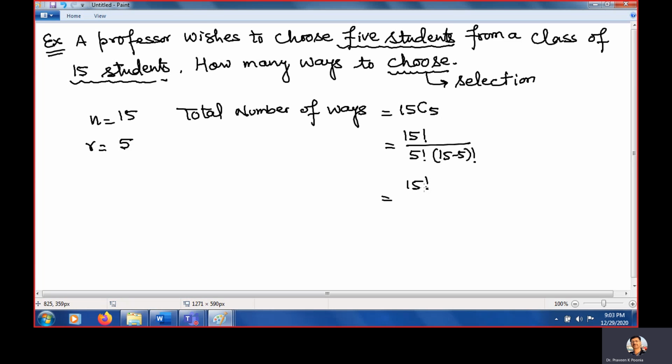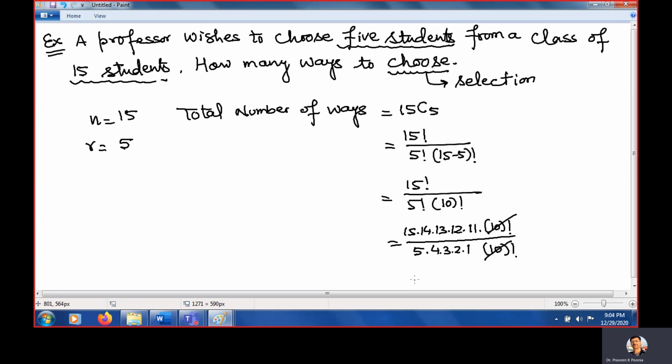So this is 15 factorial upon 5 factorial into 10 factorial. Now expand it: 15, 14, 13, 12, 11, and this may be written as 10 factorial, because big factorials can be written as a small factorial. Then 5, 4, 3, 2, 1 is the value of factorial 5, and this is factorial 10.